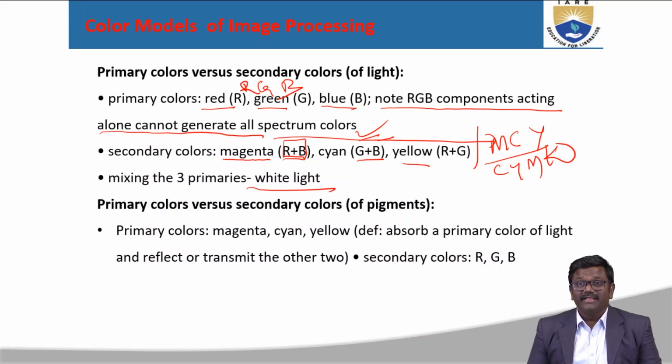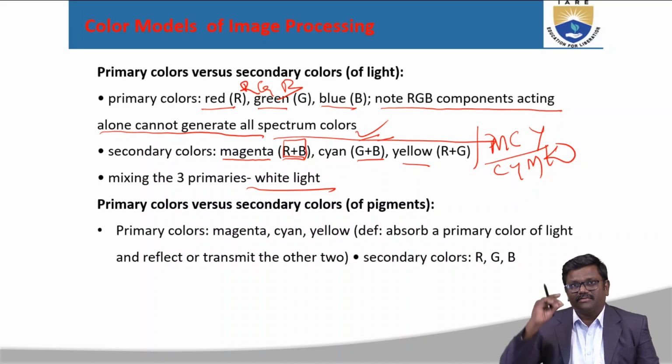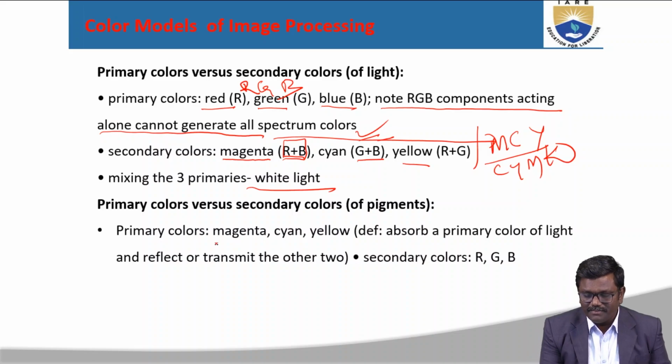What we are understanding from this slide, the main important point, is how we convert from primary colors to secondary colors. Primary versus secondary colors, in terms of pigments, are magenta, cyan, yellow.